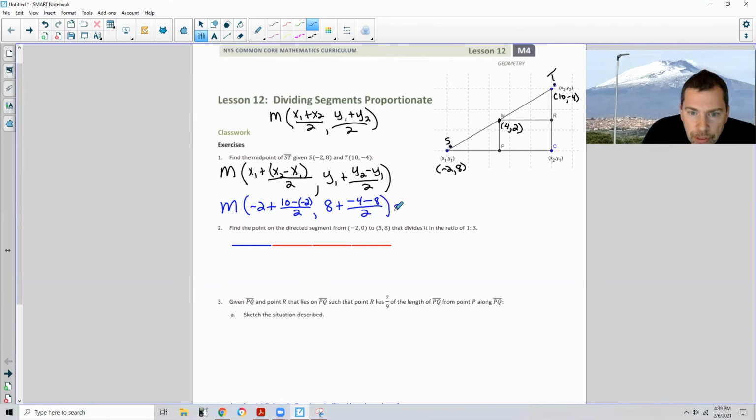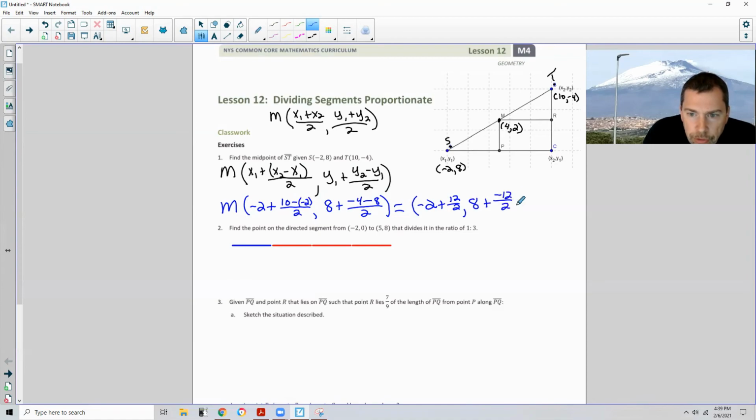The really cool thing here is it's going to come out to be 4, 2 again. I'm going to get 10 minus -2, or plus 2. So it's -2 plus 10 plus 2, which is 12 over 2, comma, 8 plus -4 minus 8.